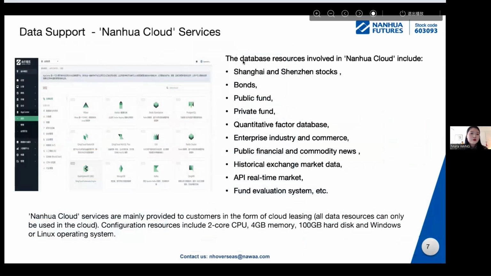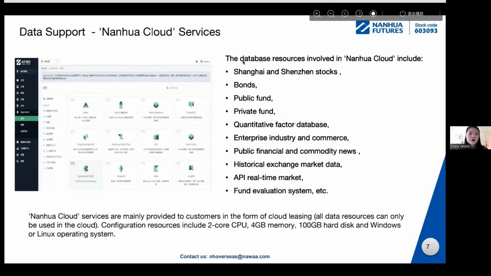Except for risk management and IT, the next one, if you are not trading price-driven, you might be interested in the data support here. As we know, a lot of big data services are very welcomed by foreign investors because you don't know the Chinese market that well.